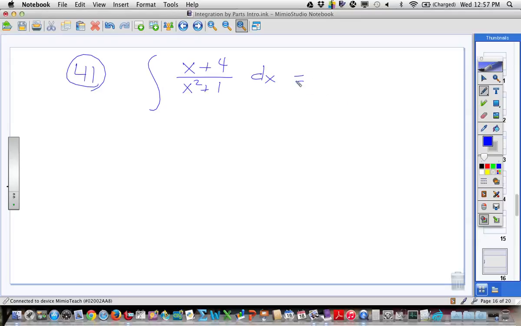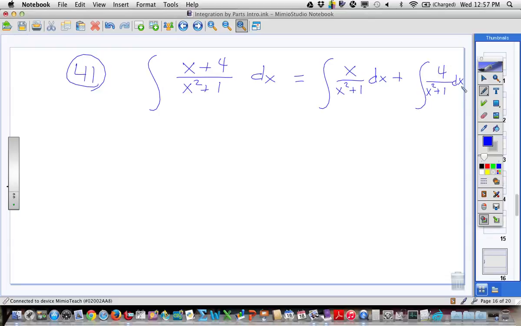You can't split a bottom. As long as you leave the bottom together, if you've got multiple terms on top, you can split it. So wouldn't it be legal to split this into this plus this?